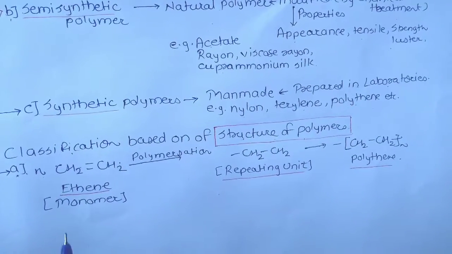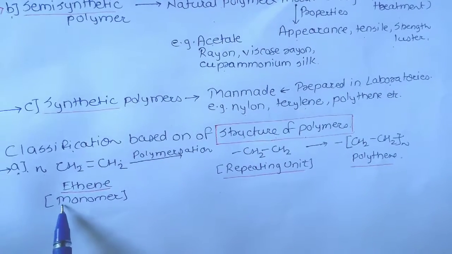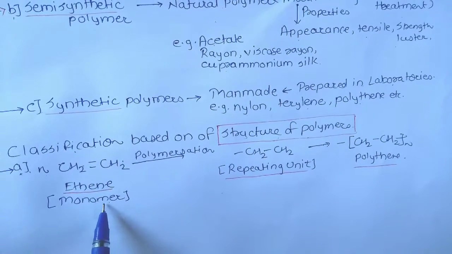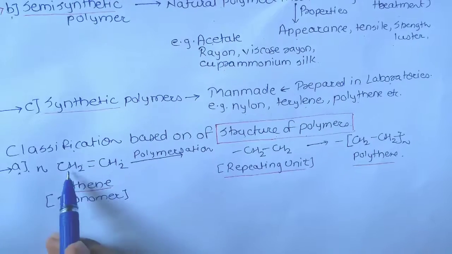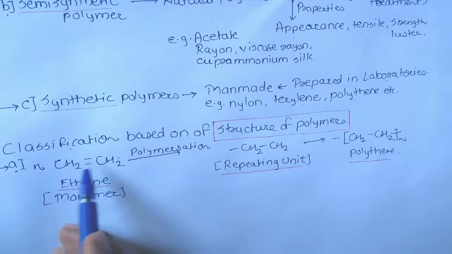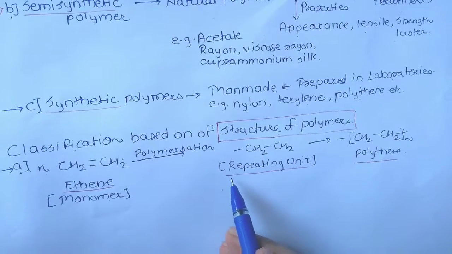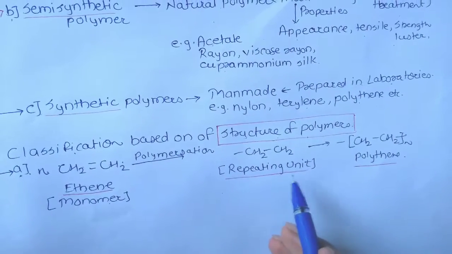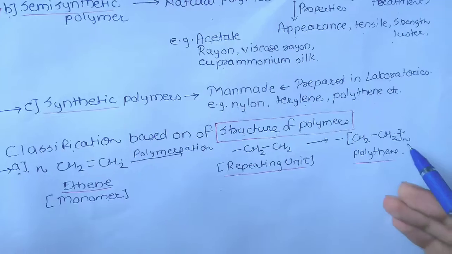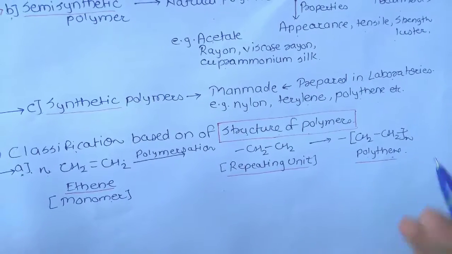As we know, polymer is made up of a number of repeat units of a monomer. So basically, when CH2=CH2, the bond between two carbons is broken, then we will get repeat units. When in terms of n we write, then we get polyethylene.